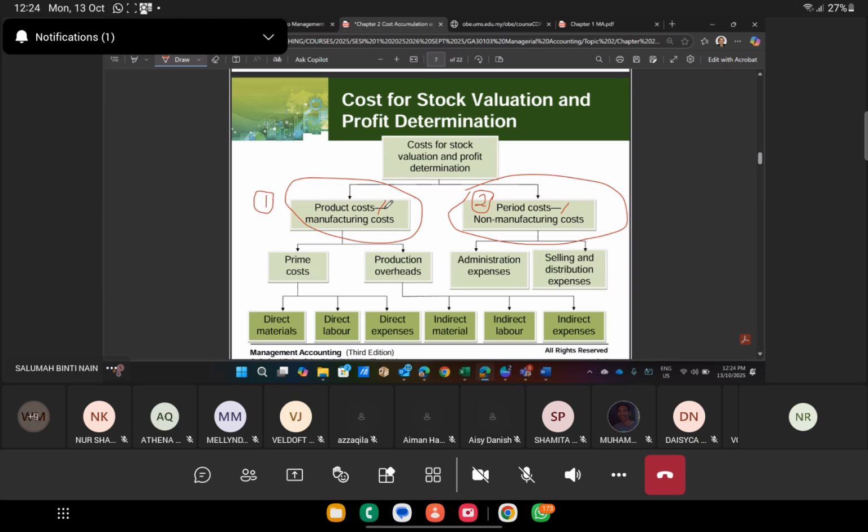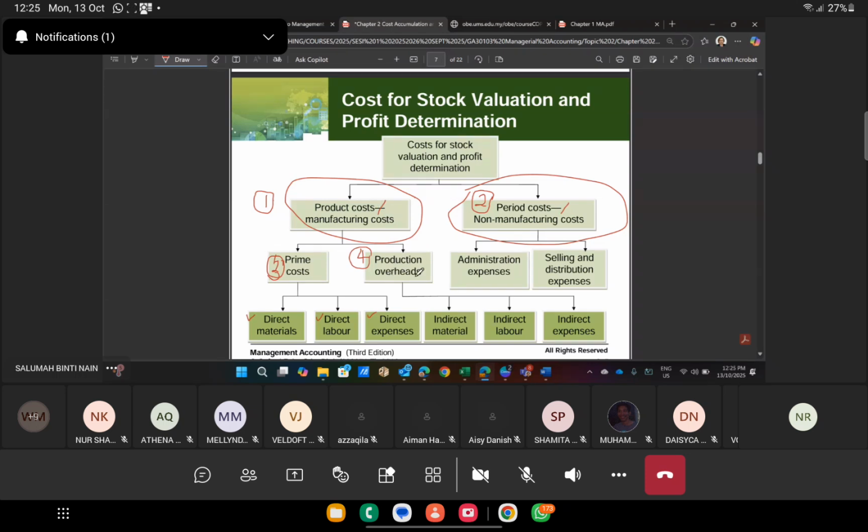And what are the types of product costs? Prime cost. This is number 3. Prime cost consists of direct material, direct labor, direct expenses. So actually we already have 1, 2, 3, 4, 5, 6 types of costs, right? Production overhead. Another classification of product costs or manufacturing costs.